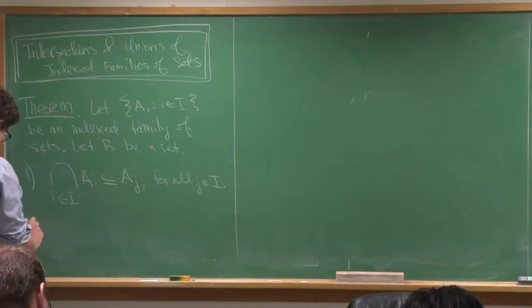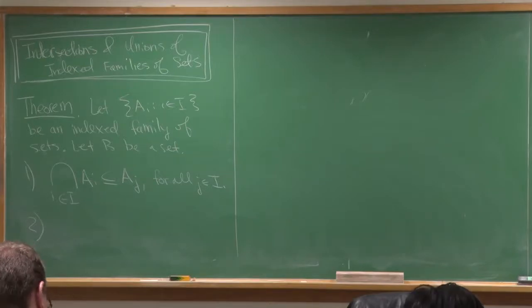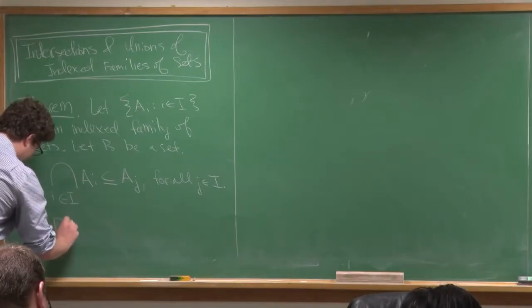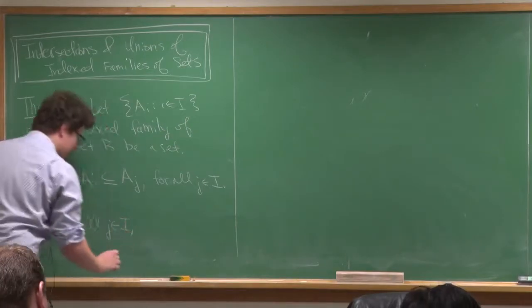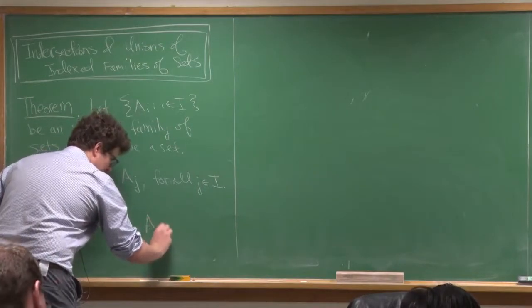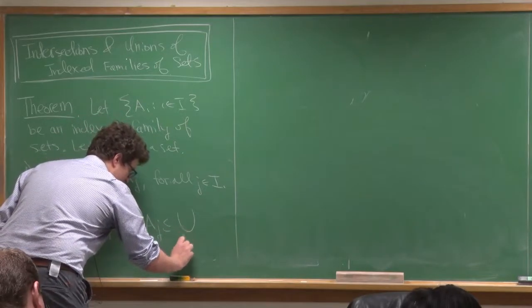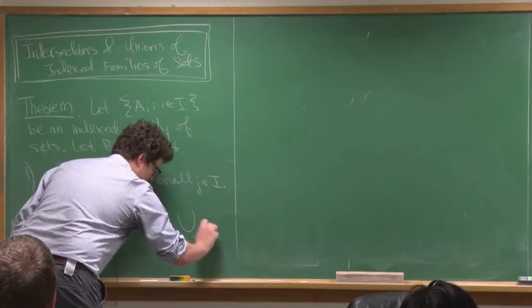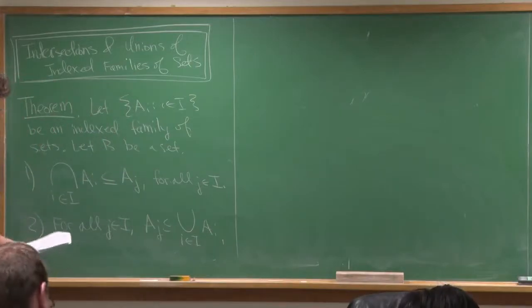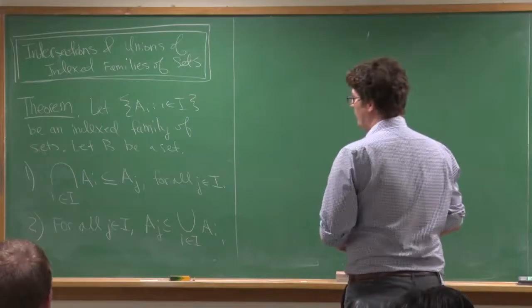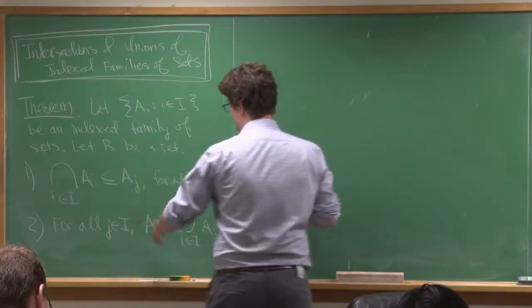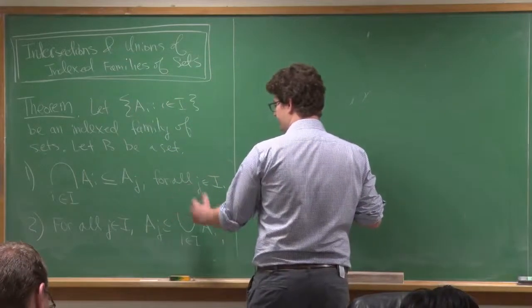Similarly, for a big union we get the opposite: for all j in I, A_j is a subset of the big union of these sets.